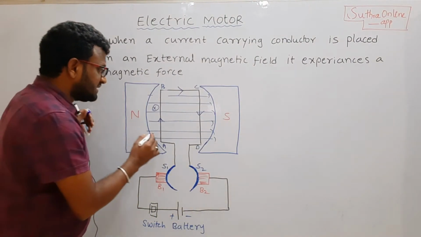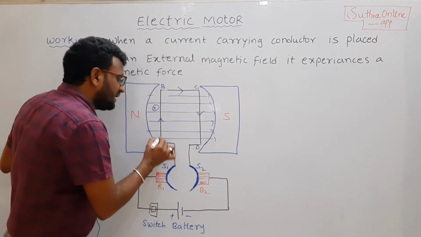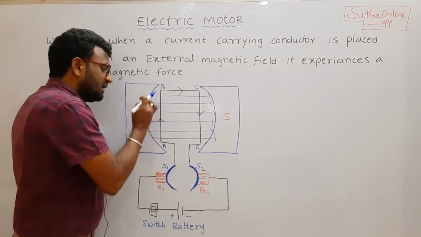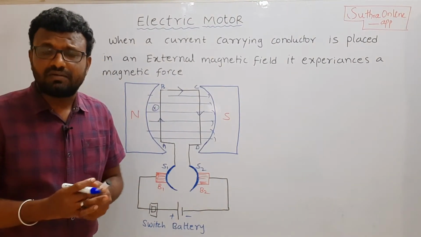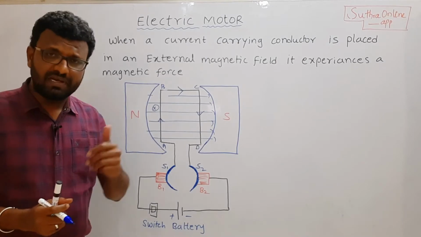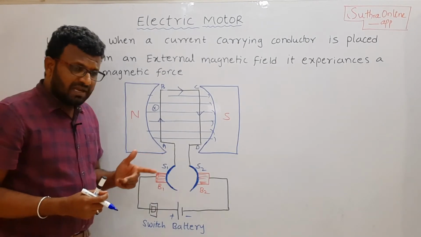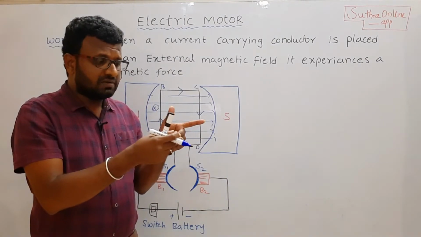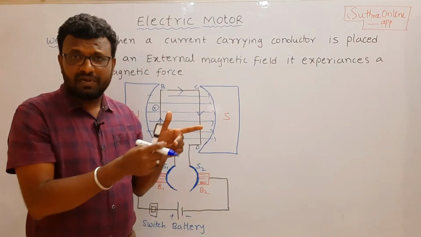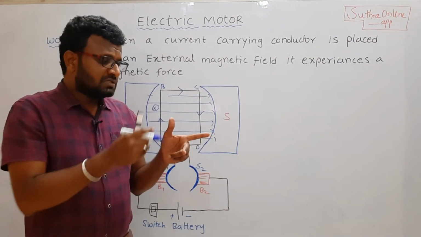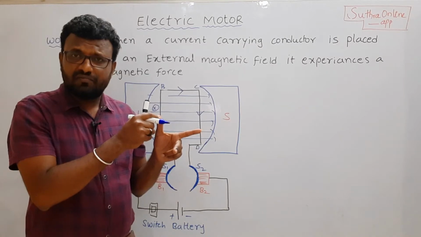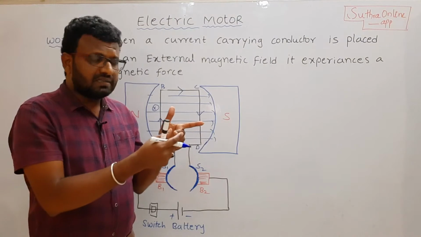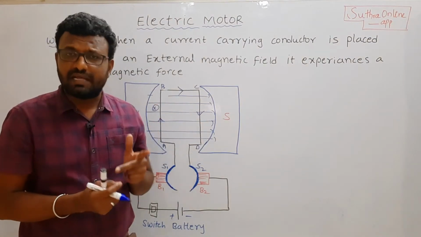So when current is passing through segment AB, force will act on AB. How that force will act, we can find by using Fleming's left hand rule. Fleming's left hand rule means if we take the thumb, index finger and middle finger and stretch these three fingers perpendicular to each other, the thumb indicates magnetic force, the index finger indicates magnetic field, and the middle finger indicates current direction.